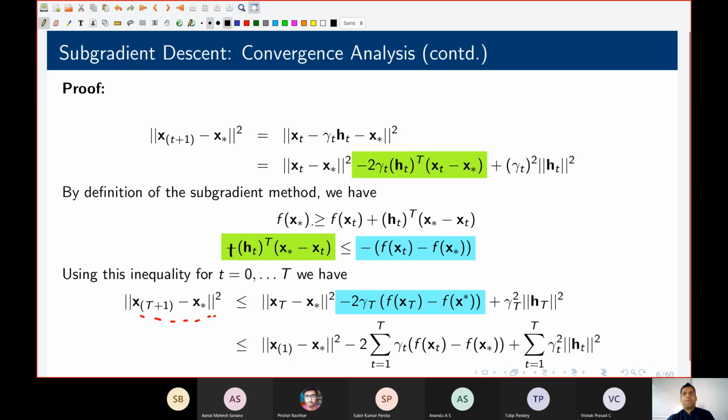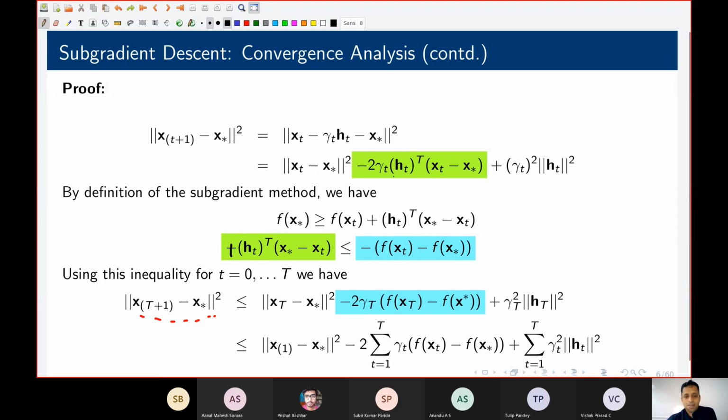So f of x star is a... it is minus. No, no. That will be plus there, but in the equation above we have xt minus x star.